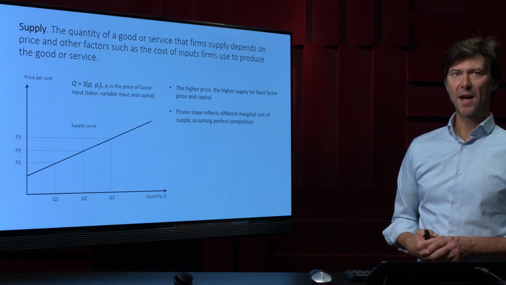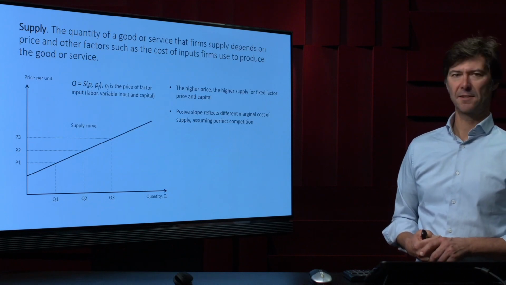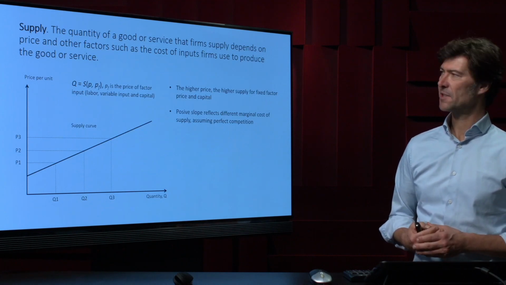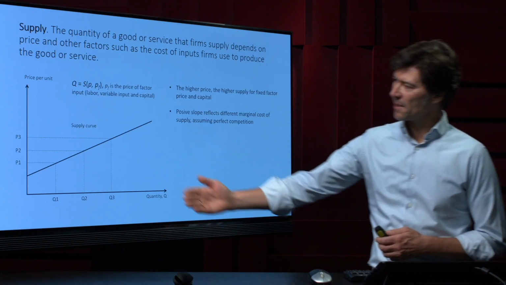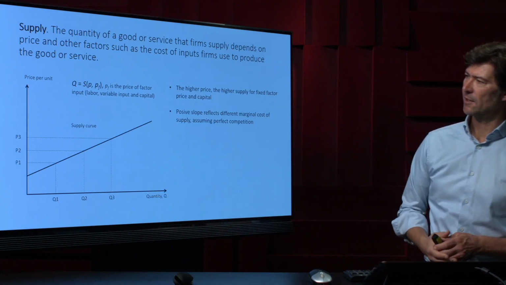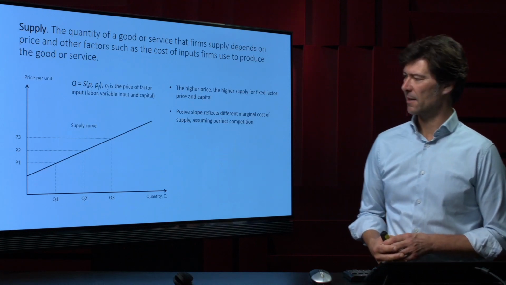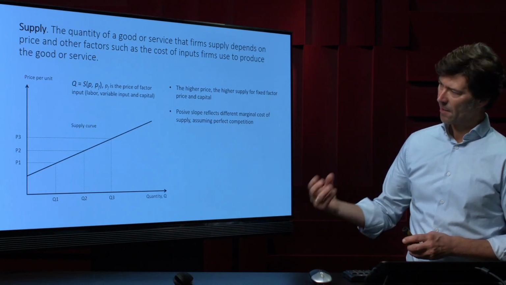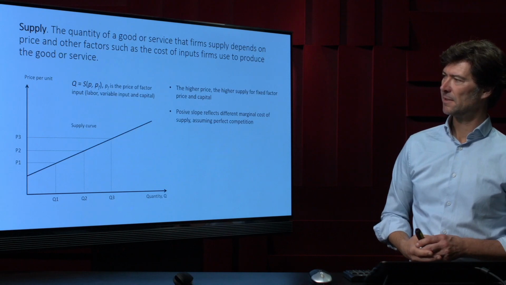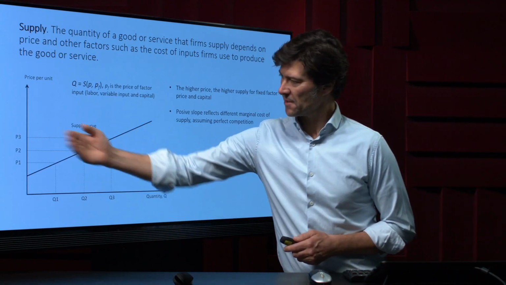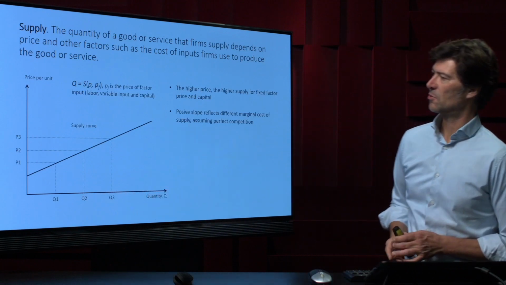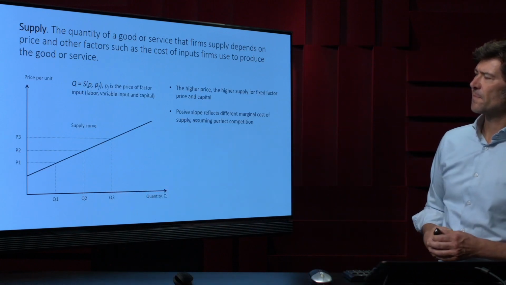Moving to the supply curve, which is, let's say, the opposite picture of the situation. The supply curve illustrates combinations of prices and quantities a company or the market is willing to supply. If the price increases, the willingness to supply also increases.